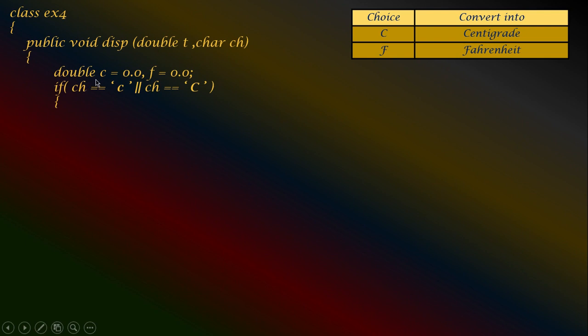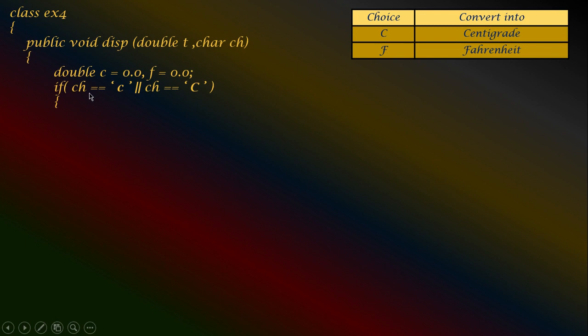Okay, next we will be using either C or F to convert it into centigrade and to convert it into Fahrenheit, and then we are checking whether my choice is C or F. One thing here that needs to be kept in mind is that a character value can be a capital letter as well as a small letter. So for making our program run for both situations, we have utilized both small value as well as capital value.